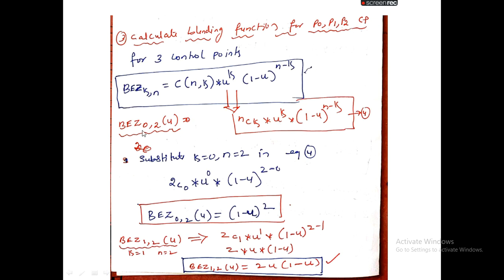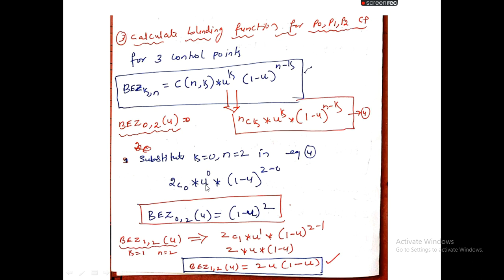Next, I will calculate blending function for 0, 2, that is, substitute k value 0 and n value 2 in equation number 4. Then you will get the basis function for 0, 2. So I wrote n value 2, k value 0, u power 0 into 1 minus u power 2 minus 0.